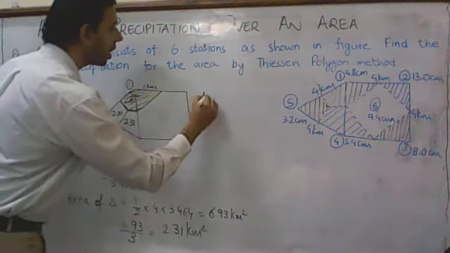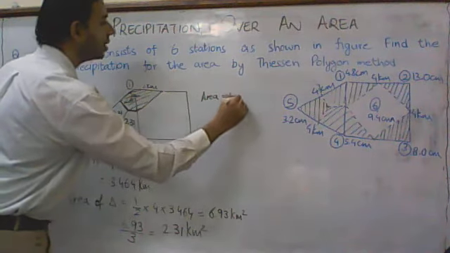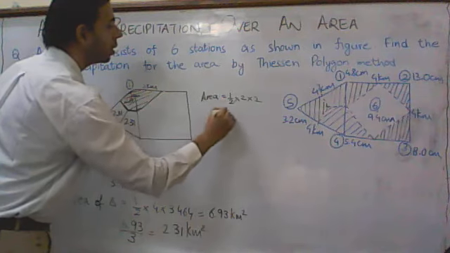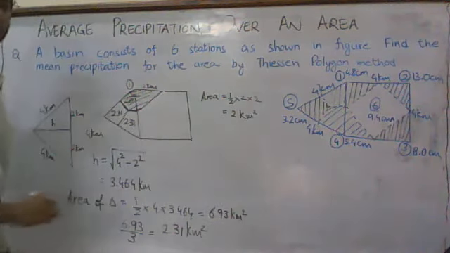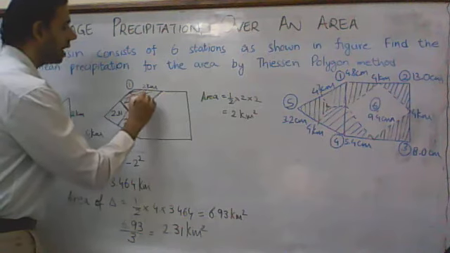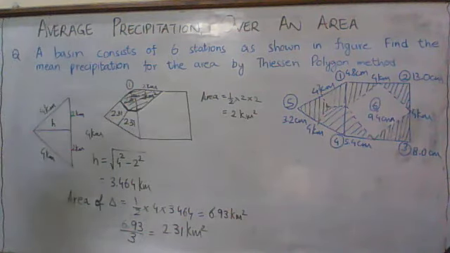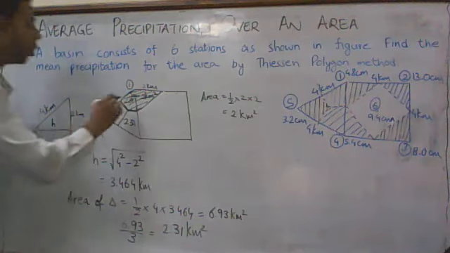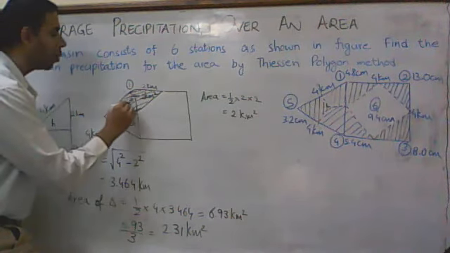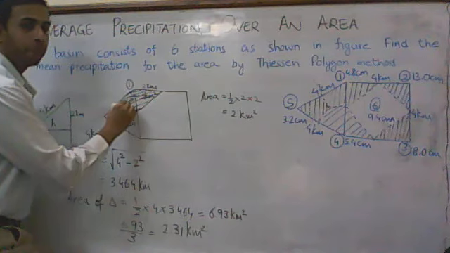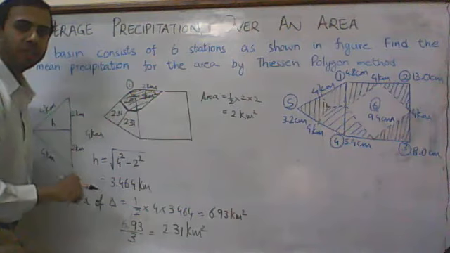The area will be half, base is 2, height is also 2, so this comes out to 2 square kilometer. So what is the total influence area for station 1? It will be 2.31 plus 2, that is equal to 4.31.